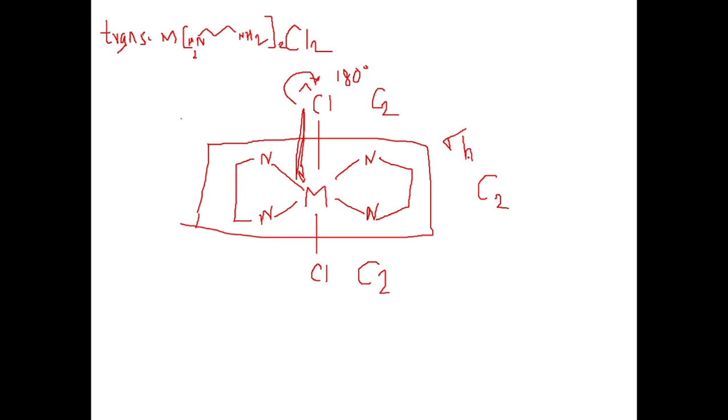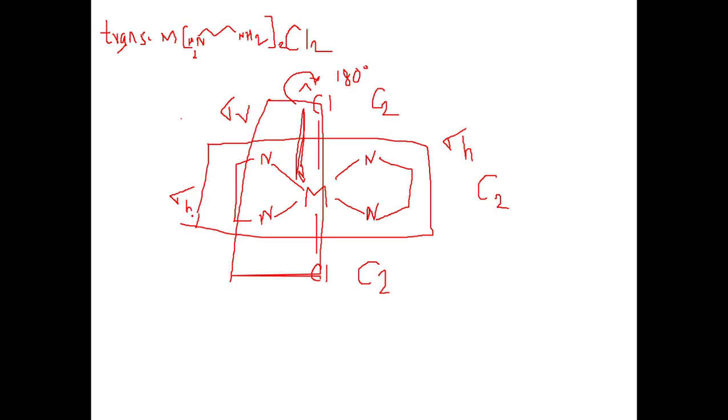But we have to check whether other symmetry planes are present. If I pass a plane vertically, parallel to the principal axis, you again get an indistinguishable image, so you get sigma v. Here sigma h, and both planes are present.